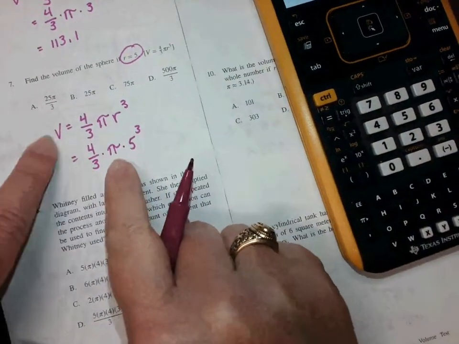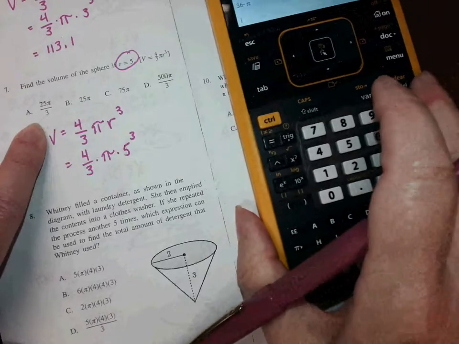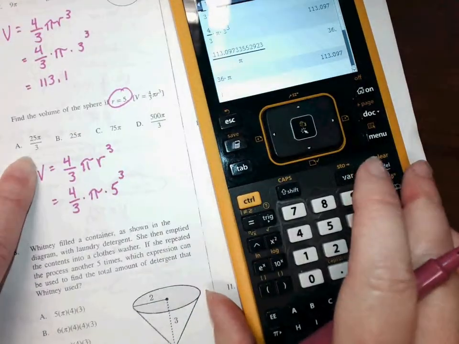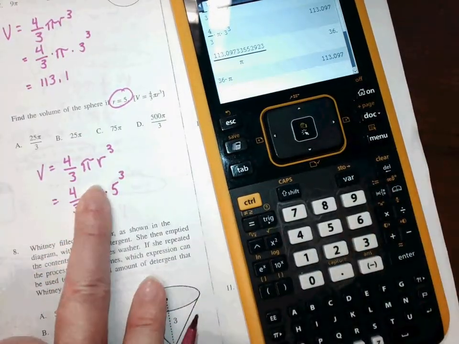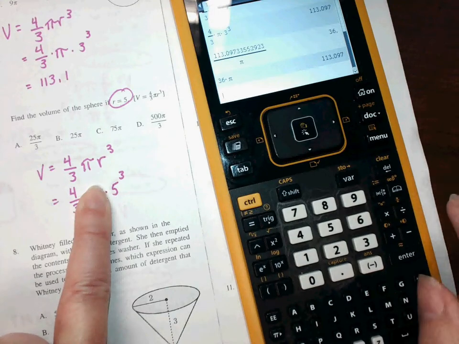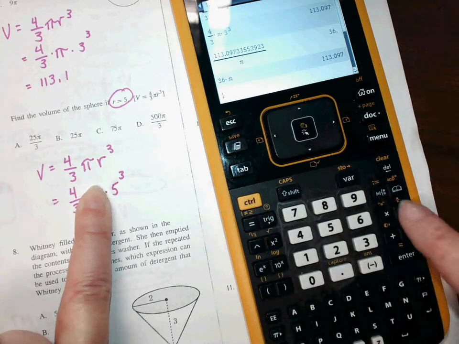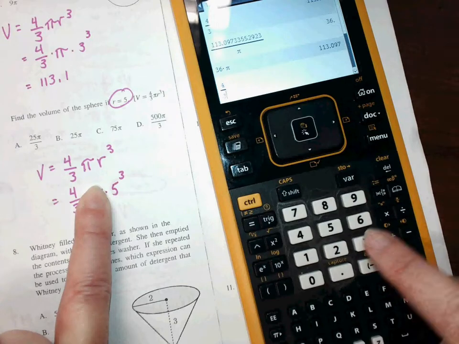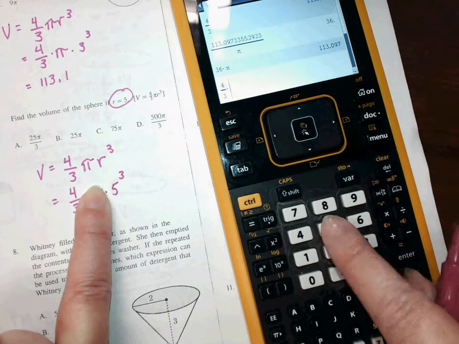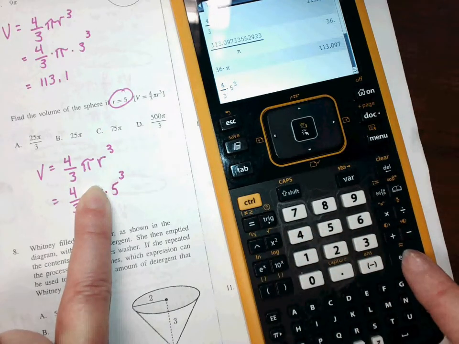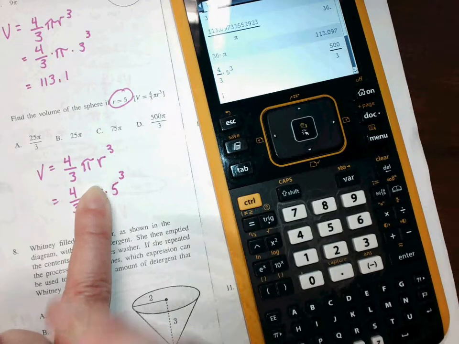If they are leaving your answer choices in terms of pi, you would just need to multiply everything except pi. So you would do control divide, 4/3 times 5 cubed, and you get 500 over 3.